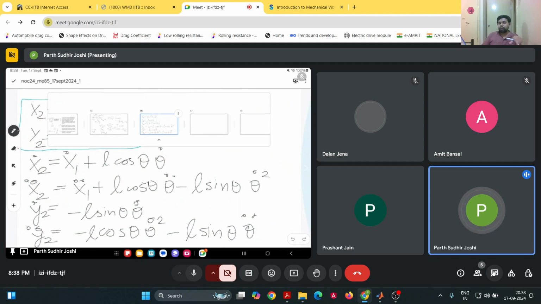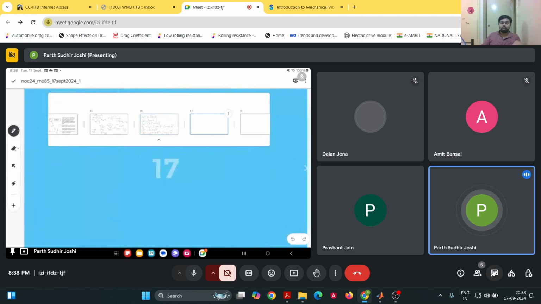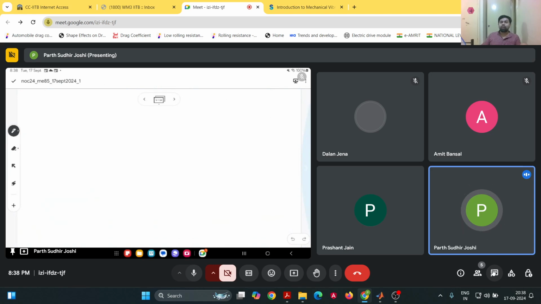By the way, even for a simple pendulum you can use the same method, and you will end up with the same equation.